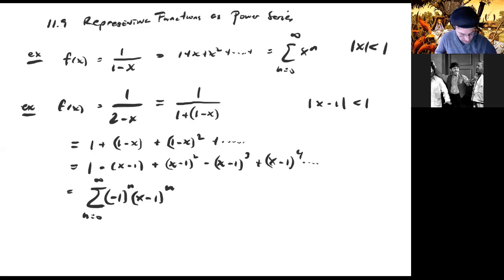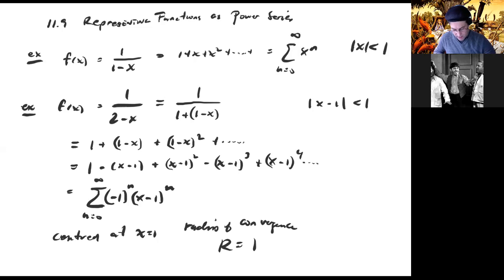So this is centered at x equals 1, and the radius of convergence is R, which is also 1, and it converges on the interval between 0 and 2. So that's the interval of convergence.